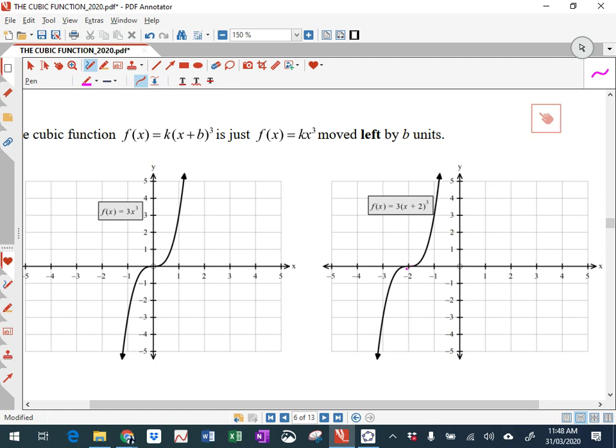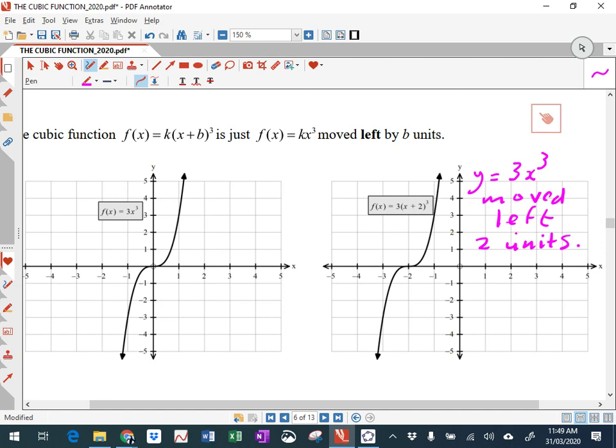What I could write about this second function is that this is just y equals 3x cubed moved left by 2 units.